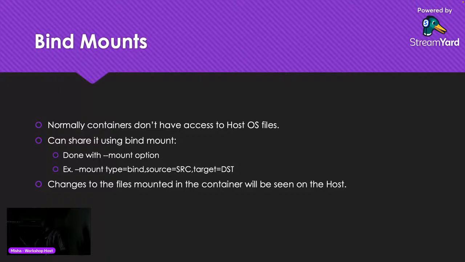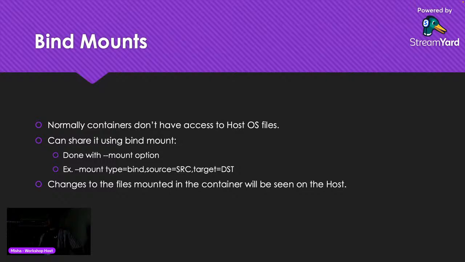In this case, containers or VMs can be isolated, but here the containers don't normally have access to the host OS files. But we can share some of them using a bind mount. There are actually two ways: a traditional way of doing a bind mount, and a more modern way. I'll show you quickly the more traditional way after, but let's start with this one.